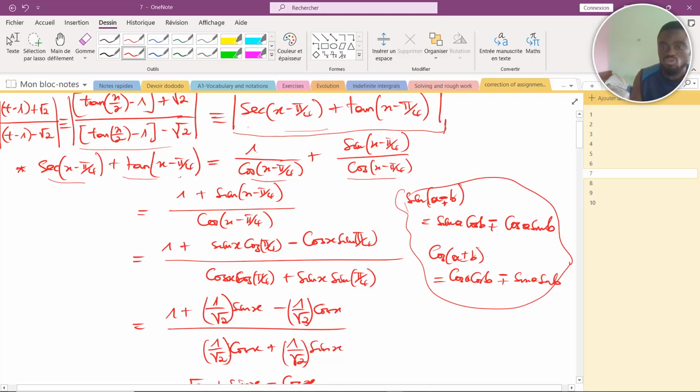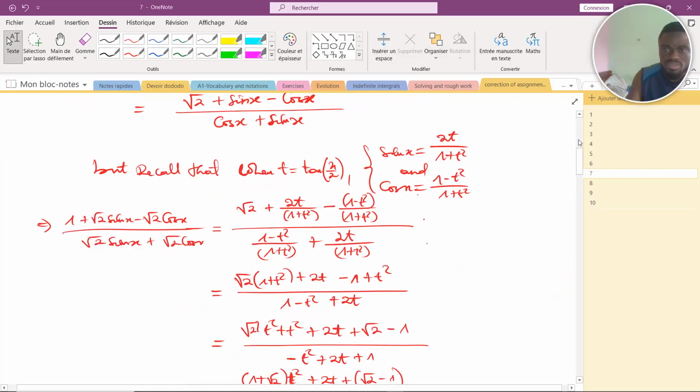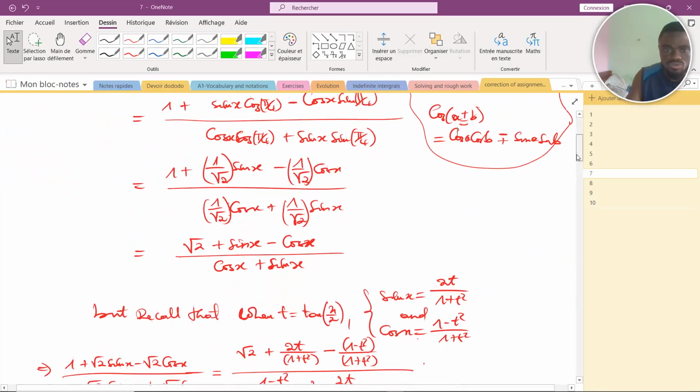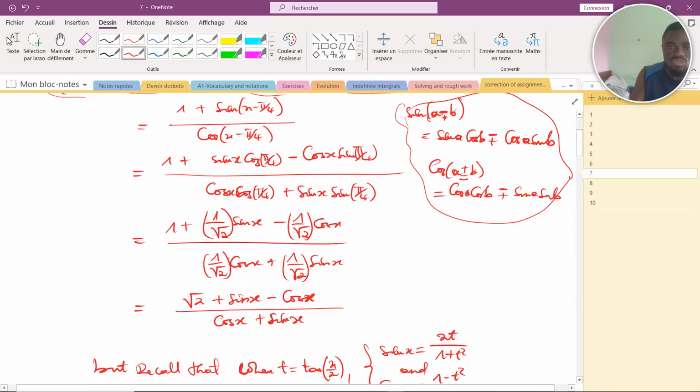On the bottom we have cos x minus pi on 4. So I'll use the formula where there is the minus. So this becomes cos x cos pi on 4 plus sine x sine pi on 4. Is that okay? Now let's continue. I know that cos pi on 4 is 1 all over root 2, which is the same thing as root 2 on 2.